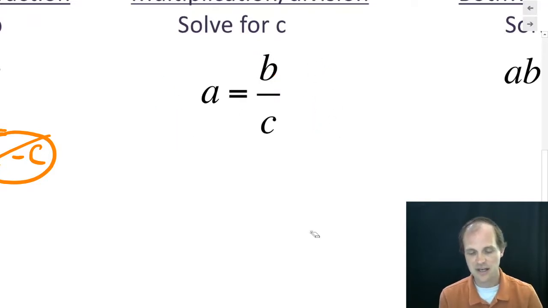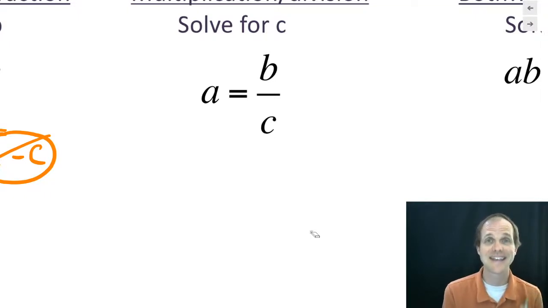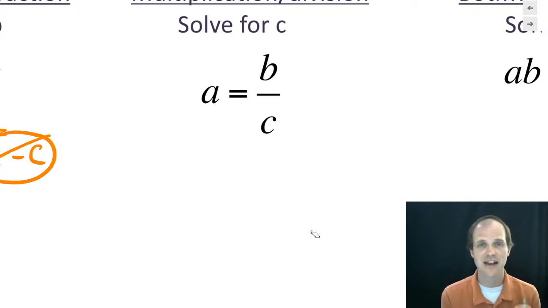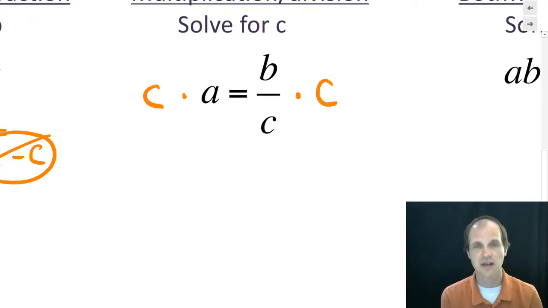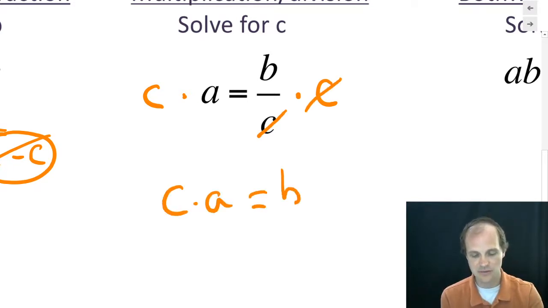So the first thing I always recommend when you've got a multiplication division problem, if you see what you're solving for is in the denominator, get it out of there. How do we get it out of the denominator? We multiply both sides of the equation by c. That cancels our c over here. So now we have c times a equals b.